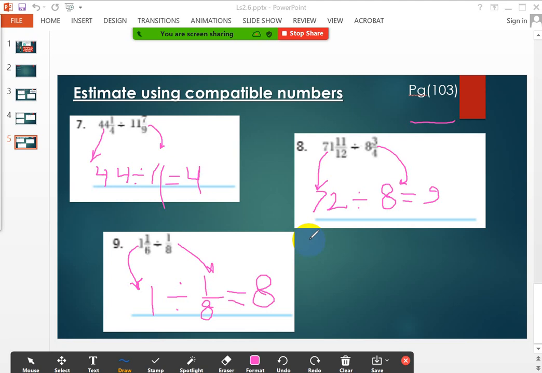The example is 21 and 3/10 divided by 2 and 5/6.